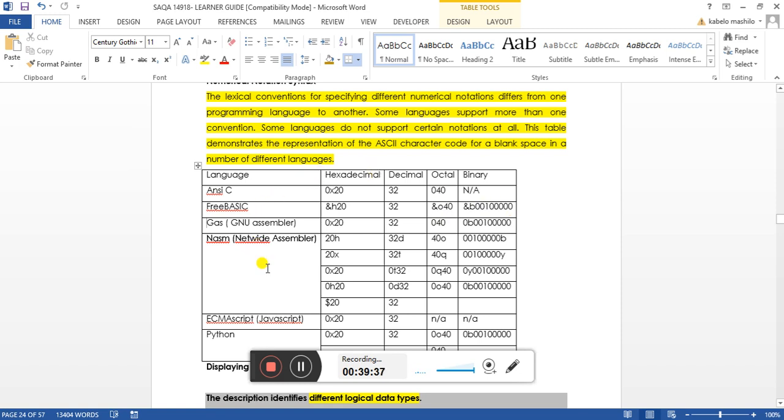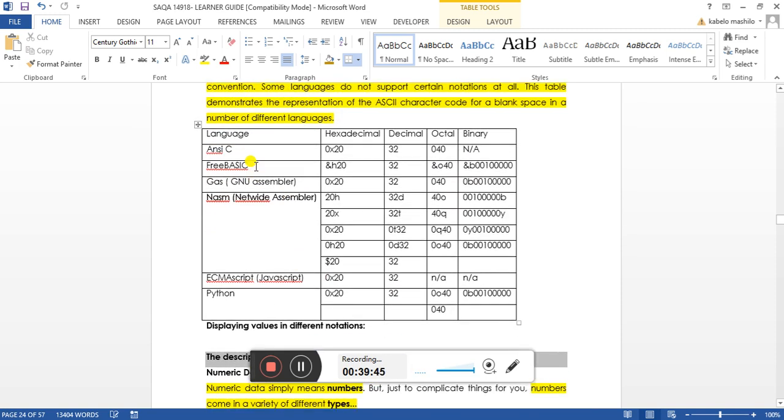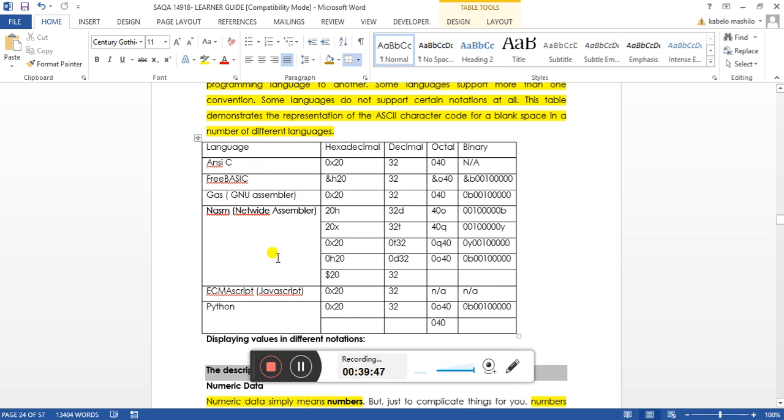This is what you can go through on your own, just to see what this ASCII character code is used for.